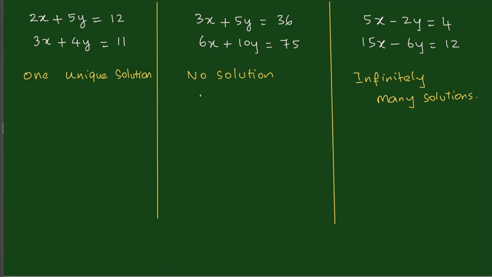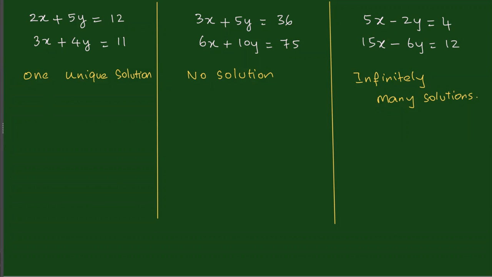Okay, that's exactly the point here. What Siddharth is saying is, if you look at the first set of equations, I can't get the second equation by just multiplying the first equation. But if you go to the second set of equations, I can get the second equation, just the left hand side part, by multiplying the first equation with 2, right?